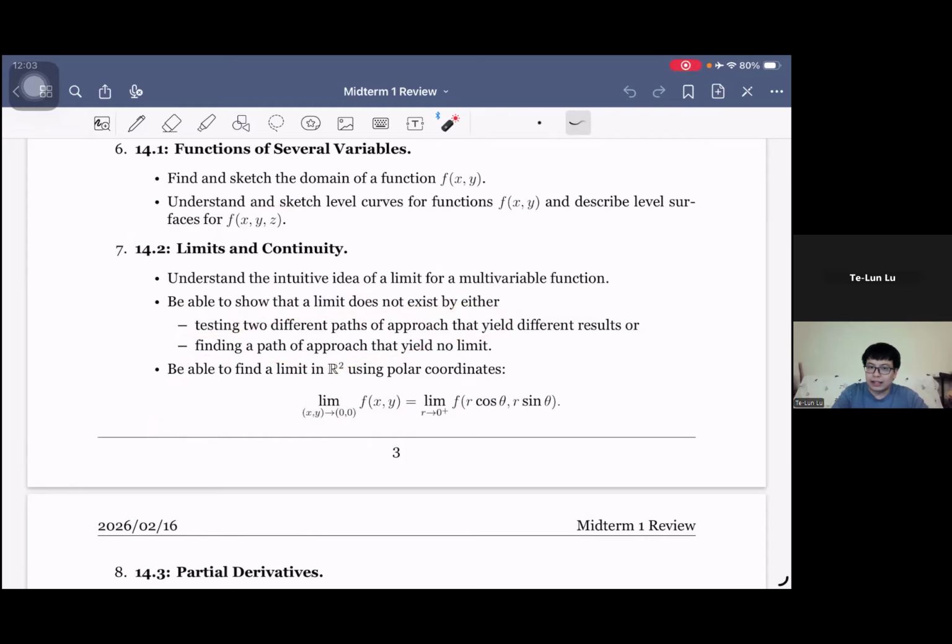I won't ask you to prove that a function limit exists via the epsilon-delta argument. That is too difficult. I introduced that just for completeness. However, there is a kind of problem that actually computes a limit for a 2D function: if we're approaching (x, y) towards (0, 0), then you can replace it with the polar coordinates r cosine theta and r sine theta, with r going to 0.